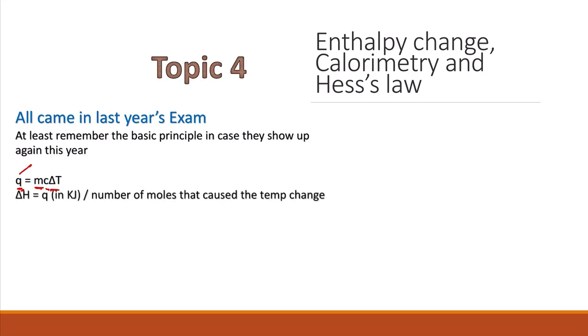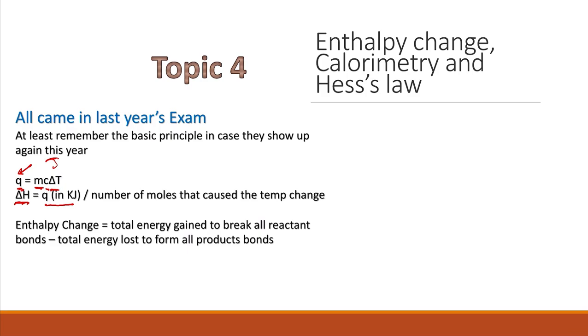Remember that the value of Q that you will calculate in this equation is going to be in joules, and you need to calculate the delta H, so you need to change this into kilojoules. So the value of Q in kilojoules divided by the number of moles that caused the temperature change will give you the delta H for that particular reaction.